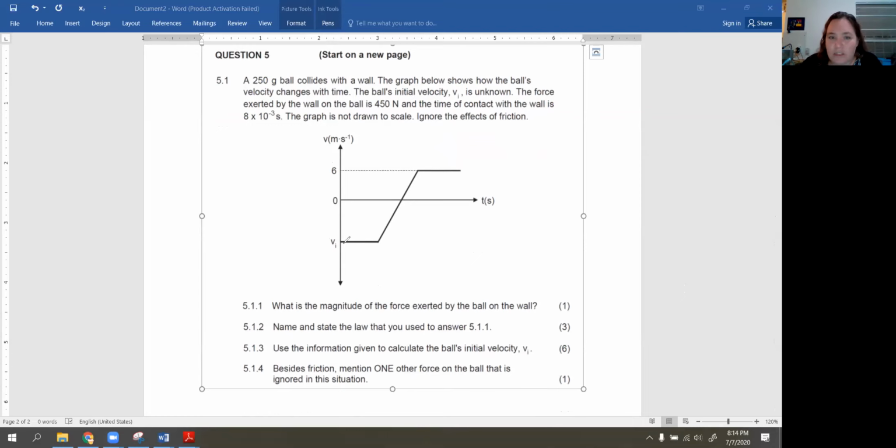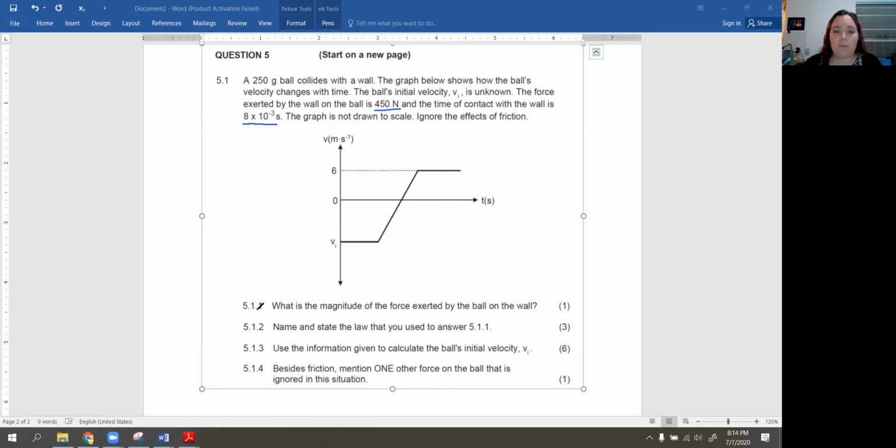We can assume that this is towards the wall and this is away from the wall. The ball's initial velocity is unknown and the force exerted by the wall on the ball is 450 newtons. The time of contact with the wall is 8 times 10 to the negative 3 seconds. The graph is not drawn to scale and you're asked to ignore the effects of friction.